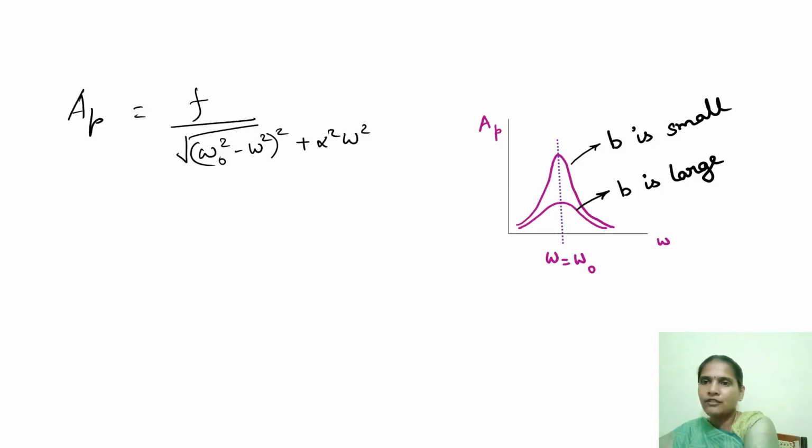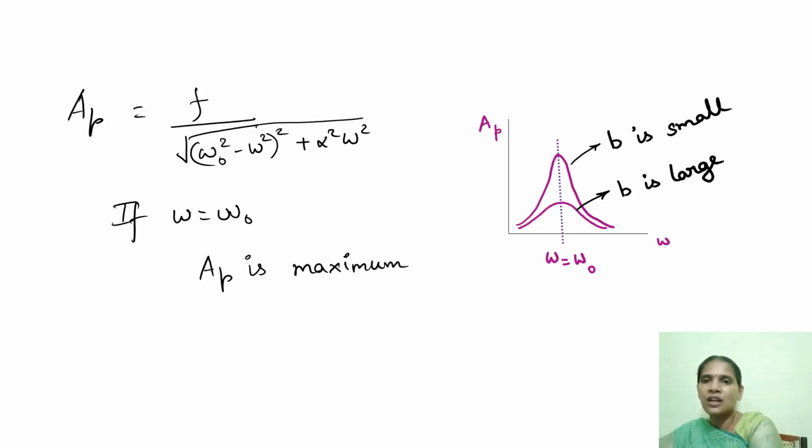So, if omega equal to omega naught, A_p is maximum, which is evident from the graph. At omega equal to omega naught, the value of A_p is maximum. A_p is high if the damping term is small. A_p is having low value if the damping is large.